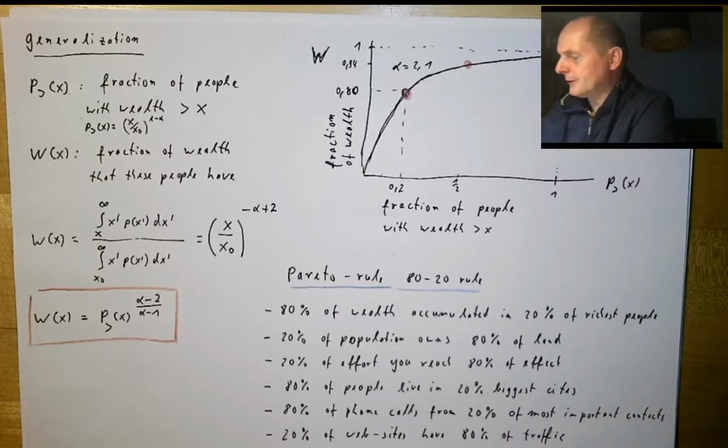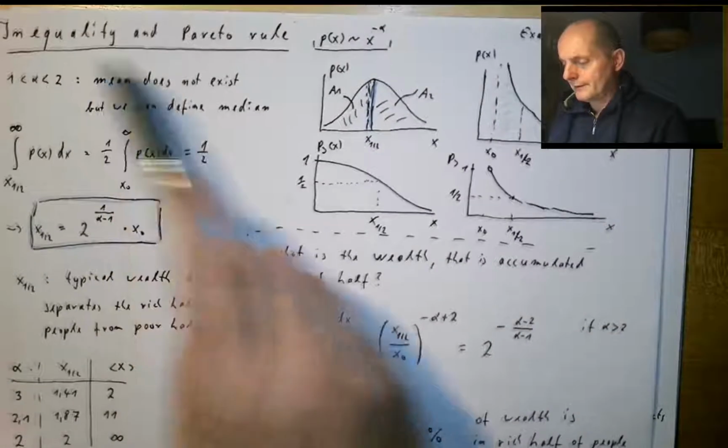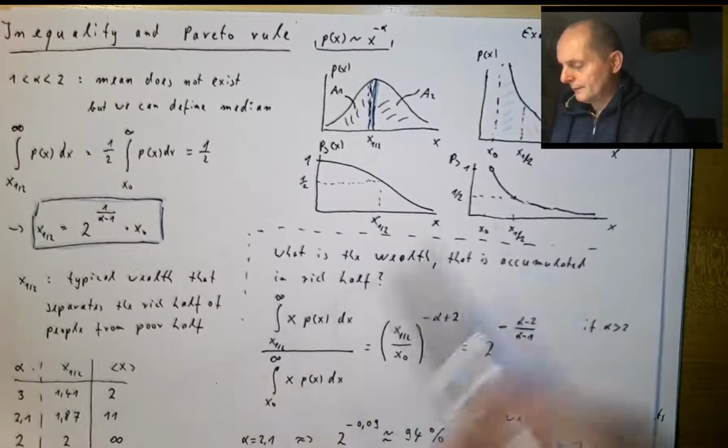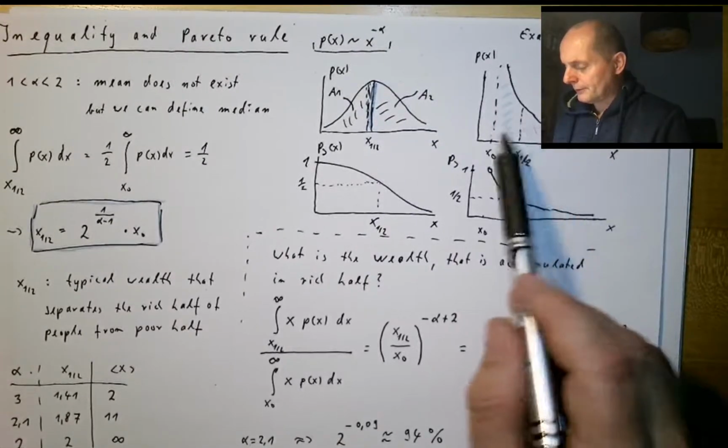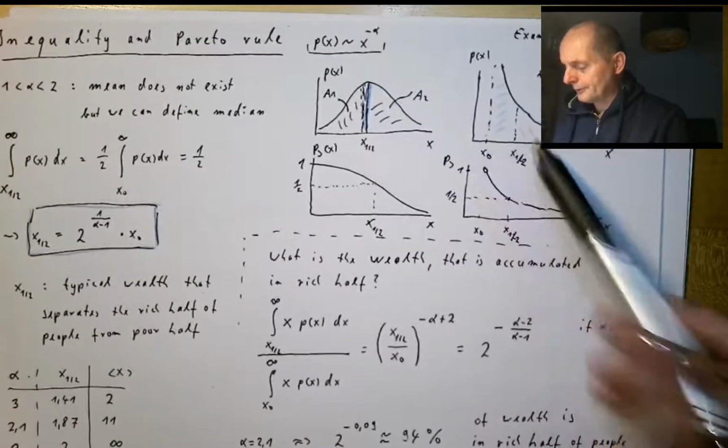So in the last lecture I started the discussion of equalities and the Pareto rule, where we look at a power law distribution. How can we divide the power law into halves or into a certain fraction?